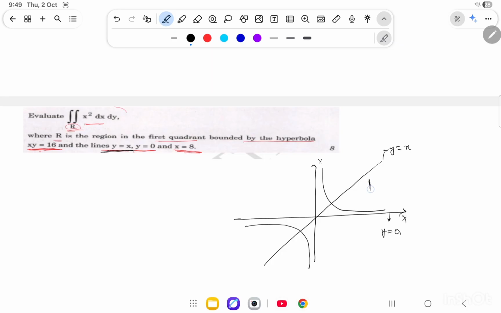Let's say our x equals 8 lies somewhere here. So R is the region bounded by all these figures. If you observe, the region that I am coloring with red color is the required region R. So this region is R, and we need to evaluate our integral over this region.